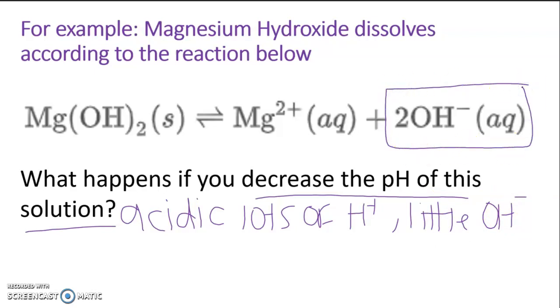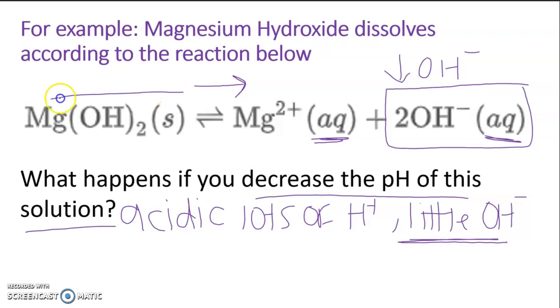So one way to reason through this is, if I decrease the amount of product, my reaction is going to shift to the right or favor the forward reaction to make more product. If it's shifting to the right, that means I'm making more ions and I'm going to have less solid, because it's got to come from somewhere. And so if less is solid, then solubility goes up.